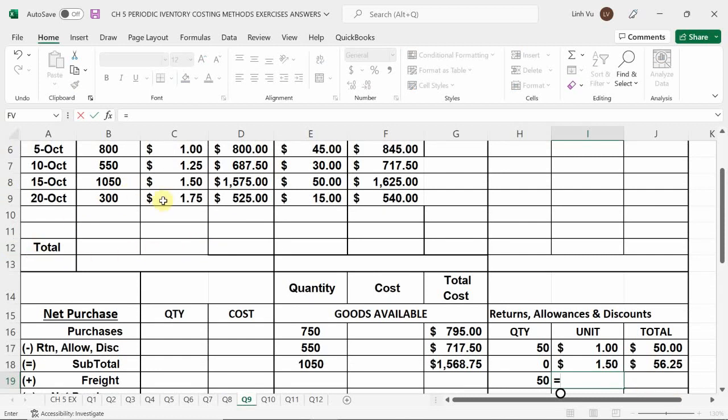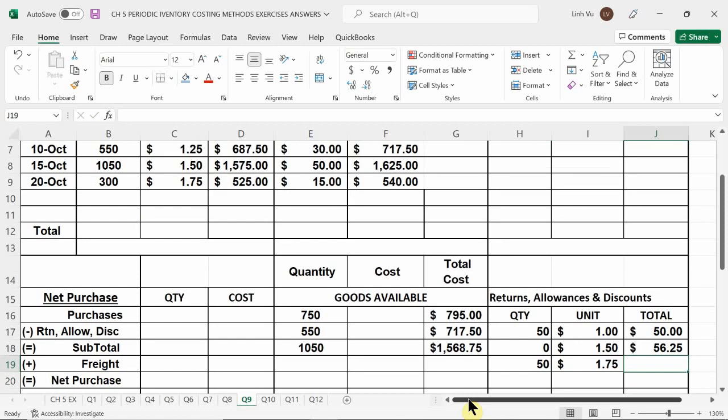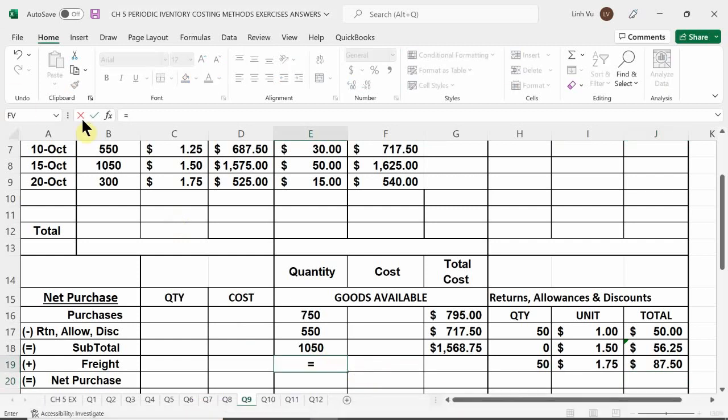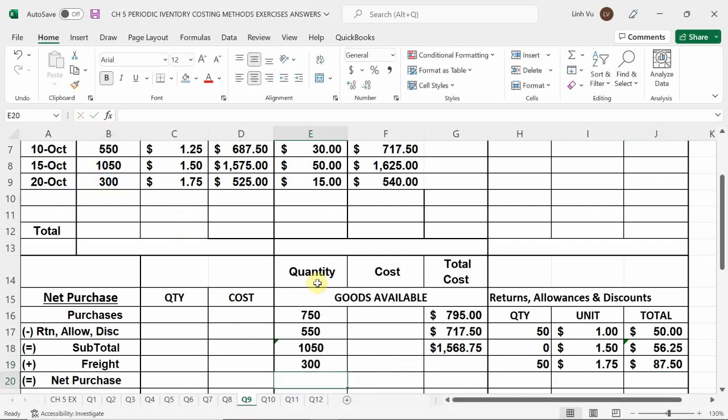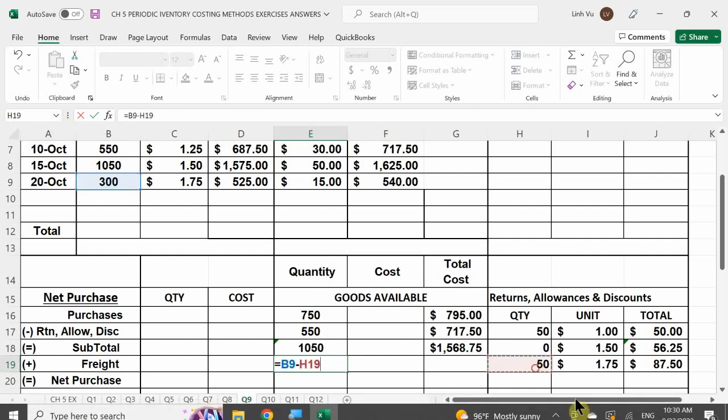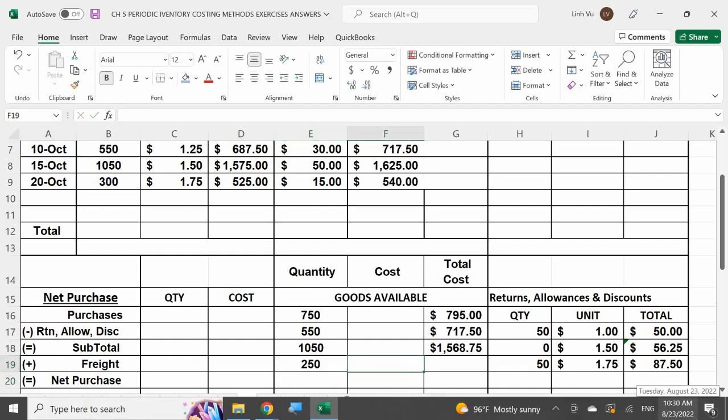You purchased it at $1.75, and you're getting a full refund. $87.50. You're going to get $87.50. Yes, correct. Okay, so again, now you need to adjust this batch because you didn't purchase 300. You end up returning 50 of them to get 250.